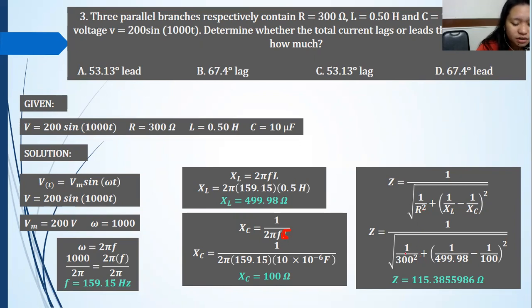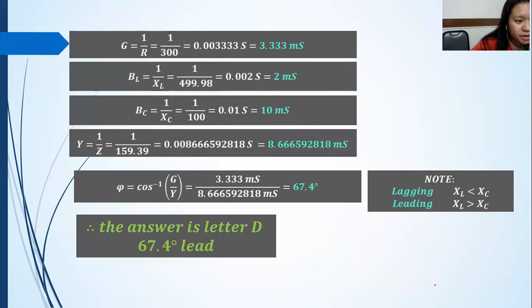Our R is 300, so 1 over the square root of (1 over 300) squared plus the quantity (1 over 499.98 minus 1 over 100) squared. If you compute it in our calculator, we'll have the impedance of 115.3855986.